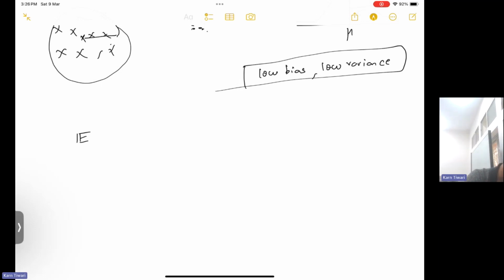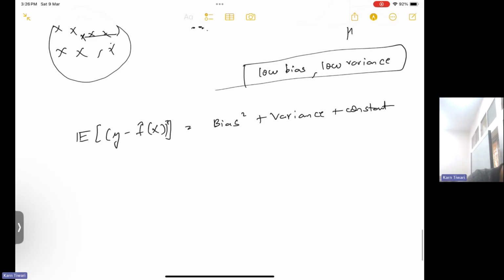The expected value of y minus f cap of x, whole squared, you can write it as bias squared plus variance plus some constant which is irreducible. So this y is the original data, means regression. I have taken regression basically so that it's easier to interpret. So this is the RMSE loss we are taking.